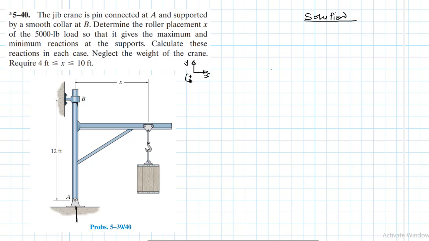We expect to have reactions there in that direction, AY and AX. And here we expect to have just one reaction because it's free along the y-axis, therefore we're only going to have BX.